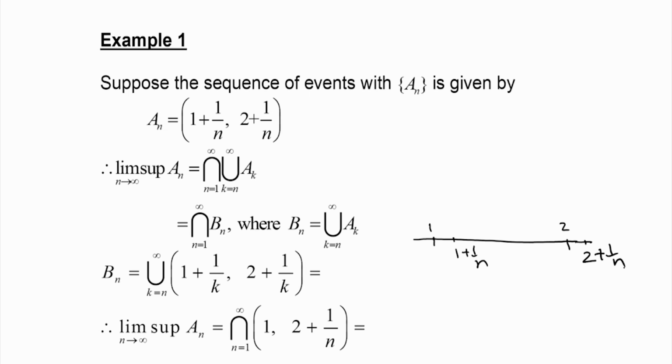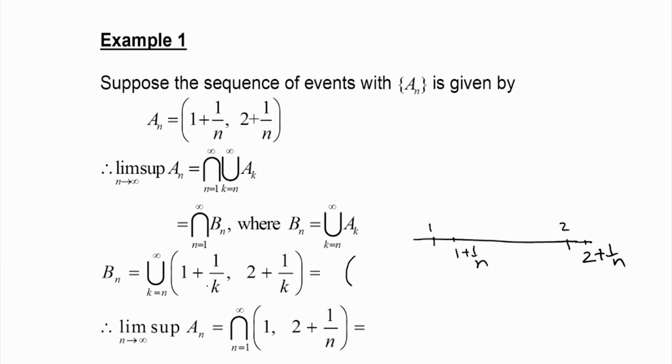Now, if I consider the union, then as n tends to infinity, this 2 plus 1 by n will come to the left, and this 1 plus 1 by n also comes to the left. So, that way we can find out this limit. This is equal to 1.